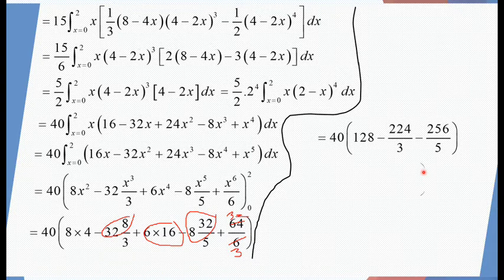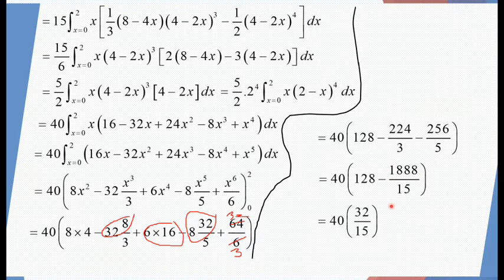So now we can take the LCM of 3 and 5 as 15, and on simplifying, 224 into 5 plus 3 into 256, so it will be 1888. So now we can simplify this function, 128 minus 1888 by 15, and after simplification it will be 32 by 15.